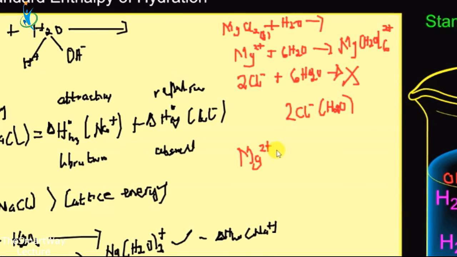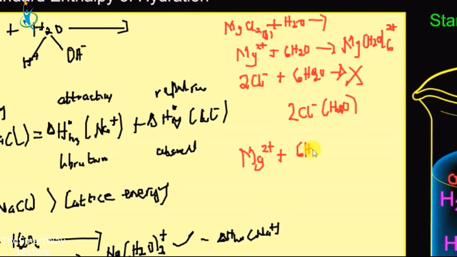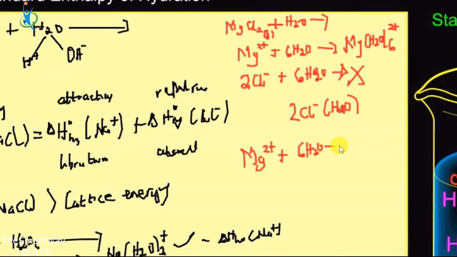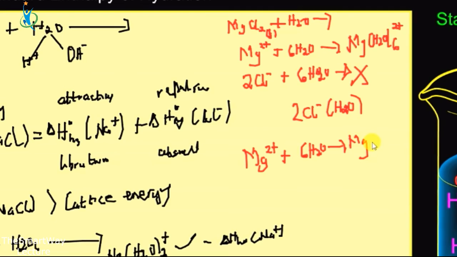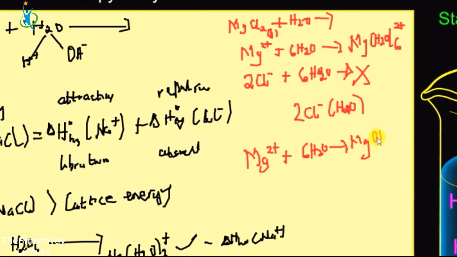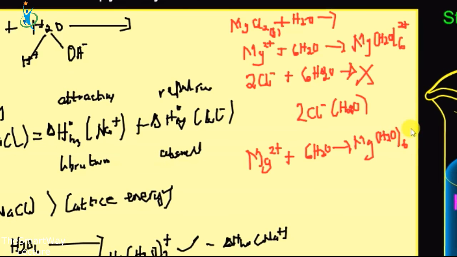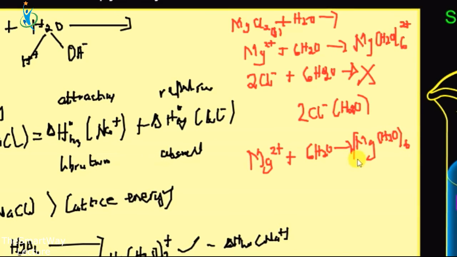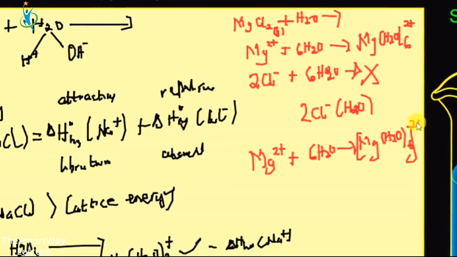That is the equation for the reaction with 6 water molecules. There is an attraction between the positive magnesium and the 6 water molecules, and so we prefer to write this equation. But remember that the sum of the total charge of the reactant must be the same as that of the product, and so I have this over here.